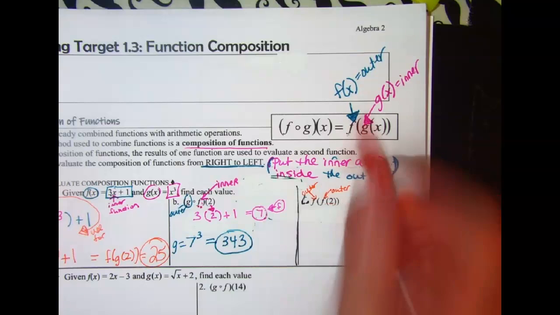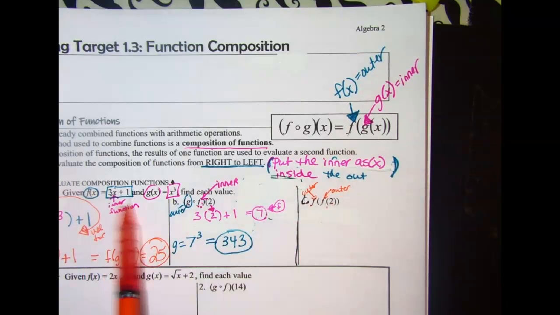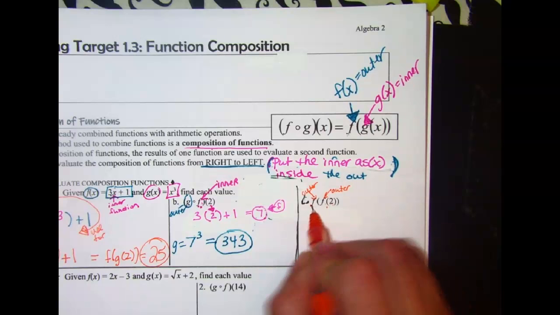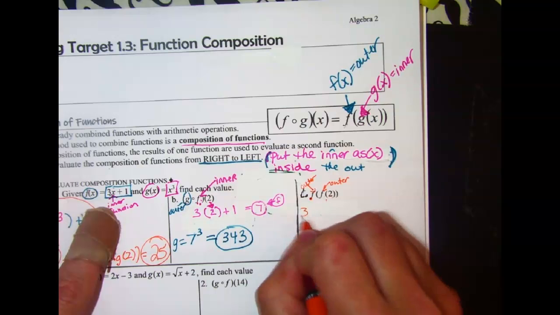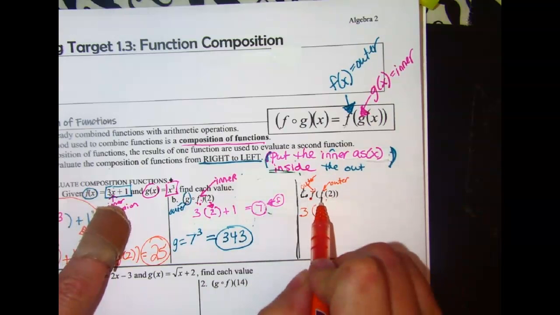So the first way I would do it, so with f and f, so if I look at my function f, there is no cubed. It's just a 3x plus 1. So I can actually plug in, I would take my outer, 3 times, and then I can plug my f, my other function, into there.